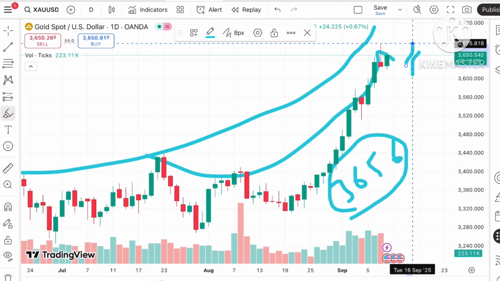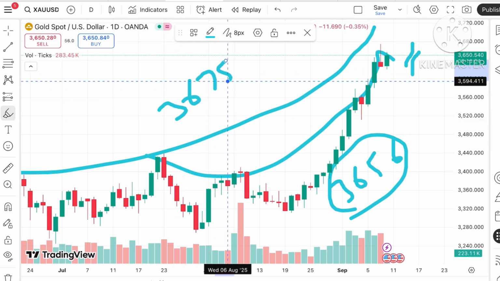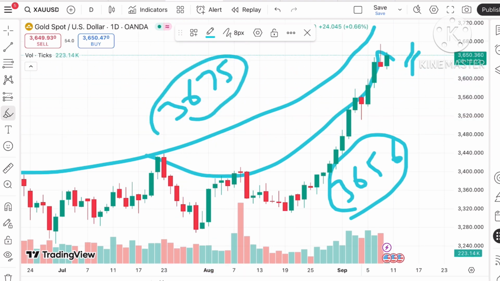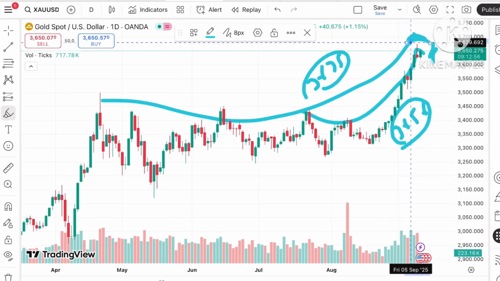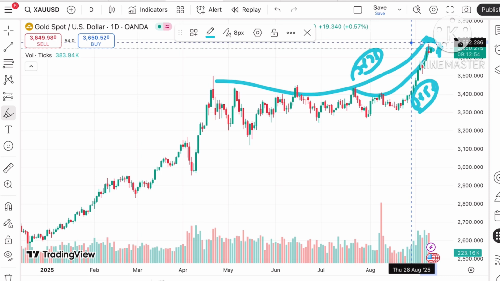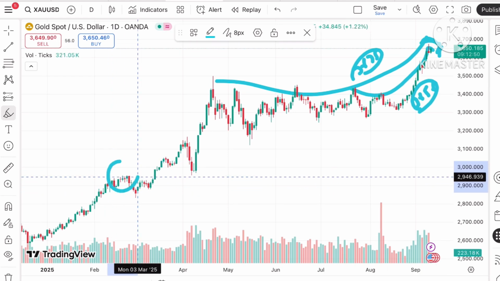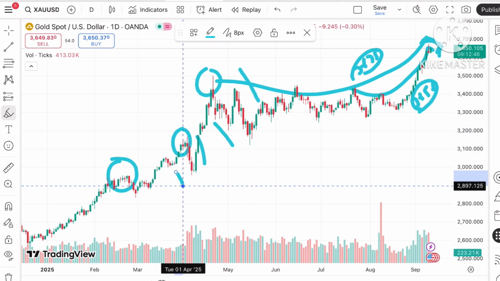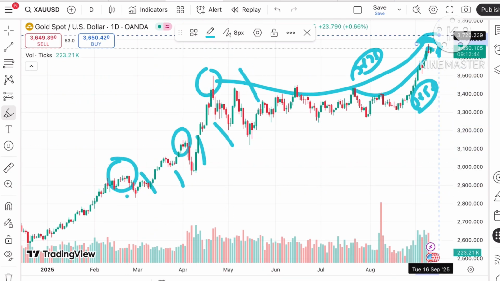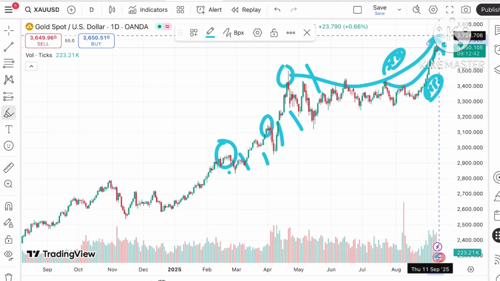Understand that it has formed a hammer, so we can see there can be a change in the trend. This is very important: there is a chance that it can move further down, because whenever it makes a new high, it is important that it falls. So this can be a point where the price can fall, or if it starts going upside, it can fall afterwards.